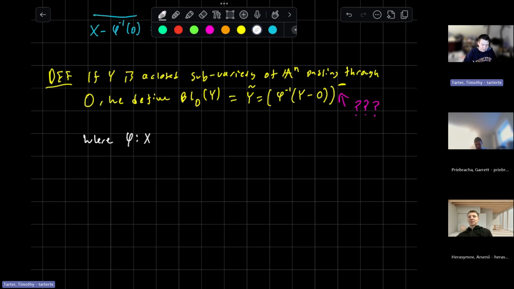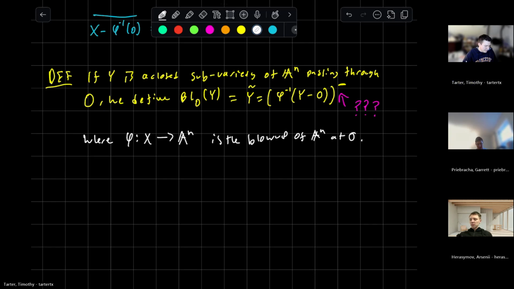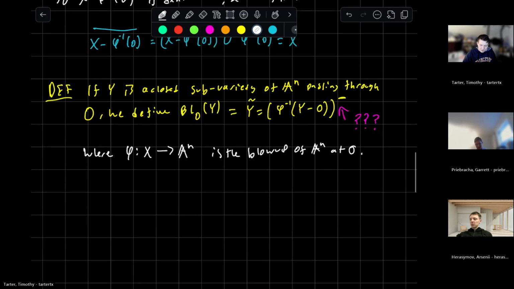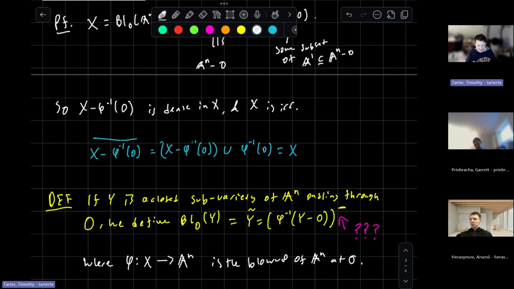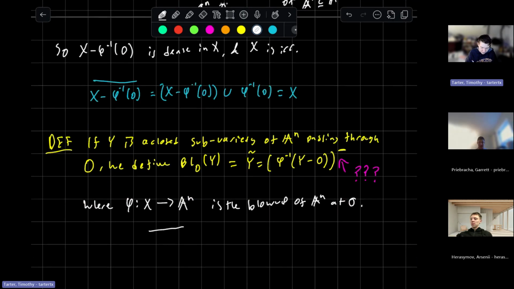Where phi from X to A^n is the blowup of A^n at 0. So we're saying phi inverse goes from A^n to X. We're taking some subvariety of Y minus 0.